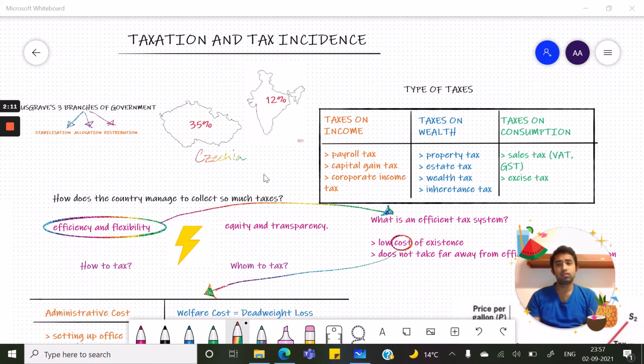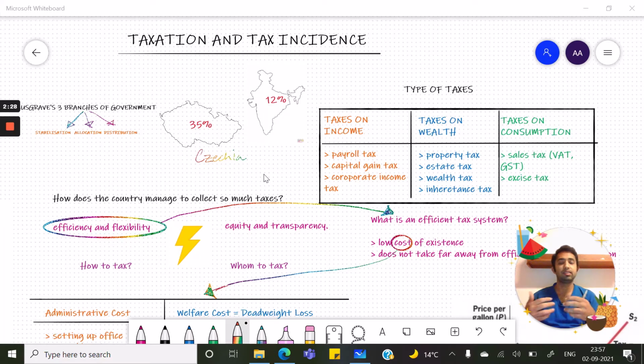So the question which came into my mind is how does this country manage to collect so much taxes, right?